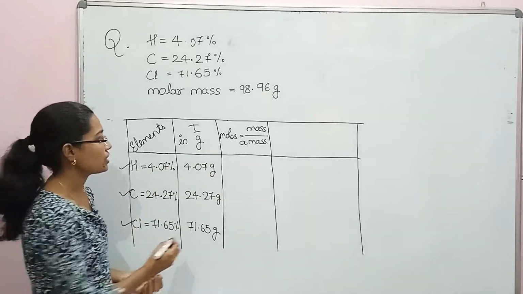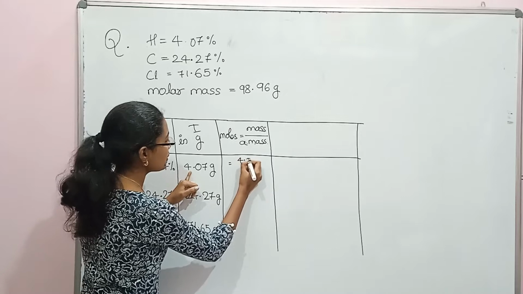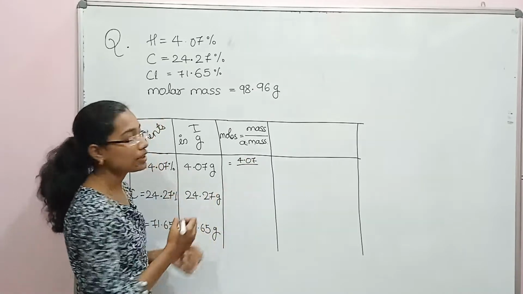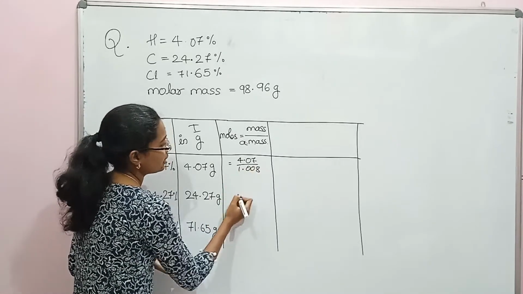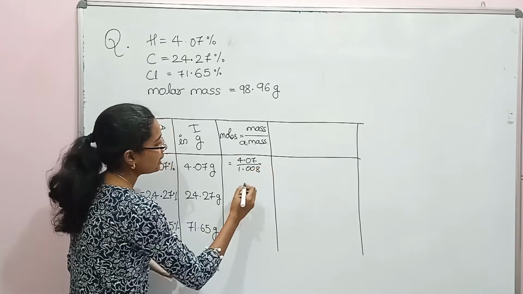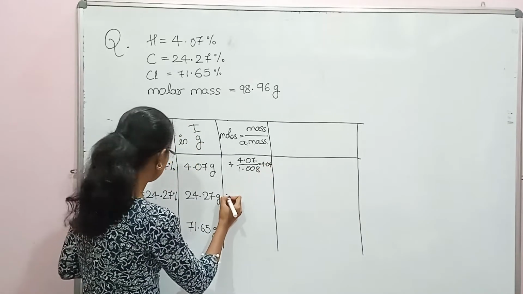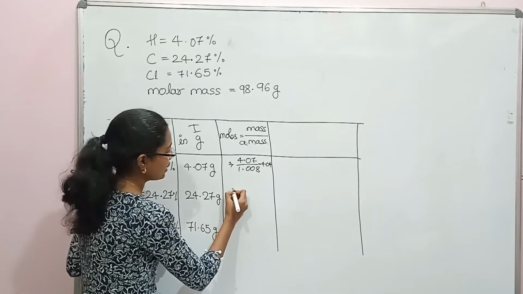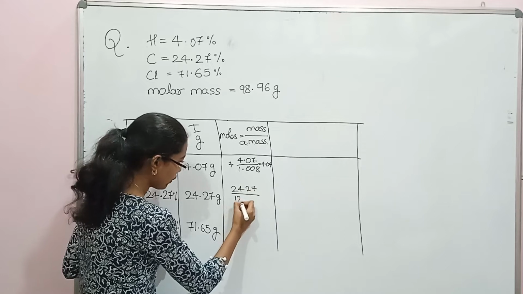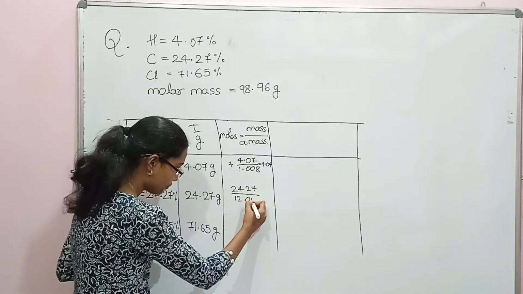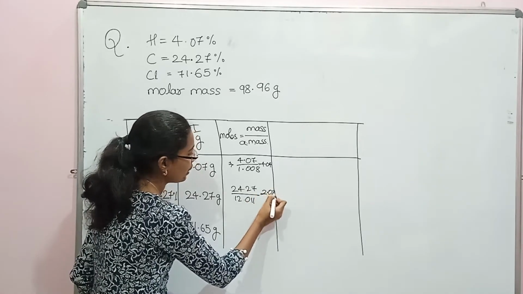First we'll calculate hydrogen. Hydrogen mass is what they have given, that is 4.07 gram divided by the atomic mass of hydrogen, that is 1.008. We end up getting it as 4.04. Next we'll calculate carbon: 24.27 divided by 12.011, so it will become 2.021.